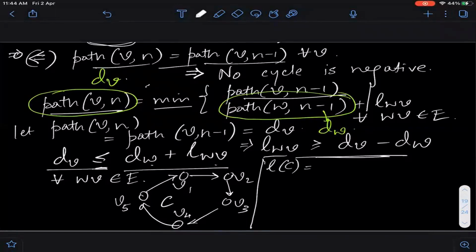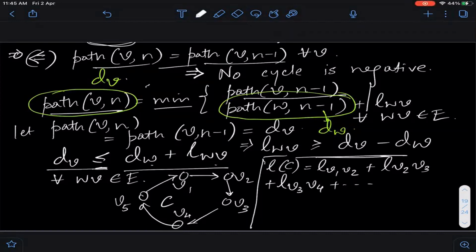So this is equal to L V1 V2 plus L V2 V3 plus L of V3 V4 and so on and so forth. तो इस quantity के बारे में what can I say? What kind of a quantity is this? So this quantity is greater than or equal to 0.